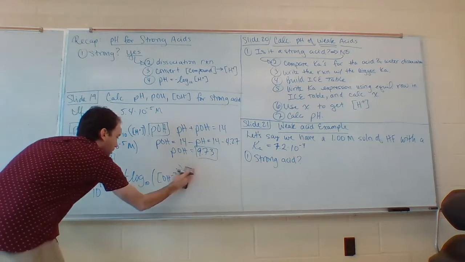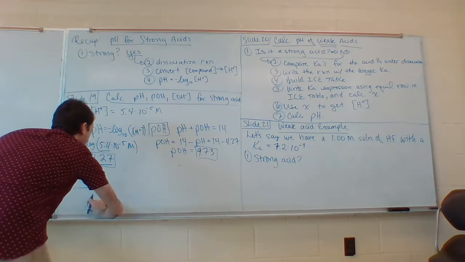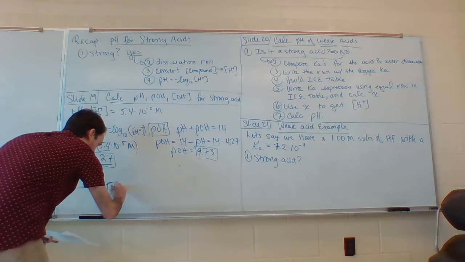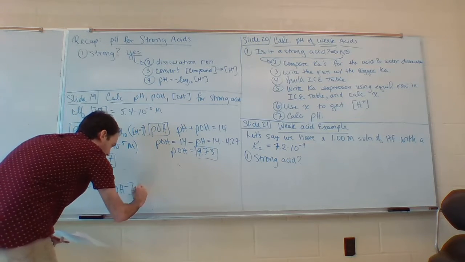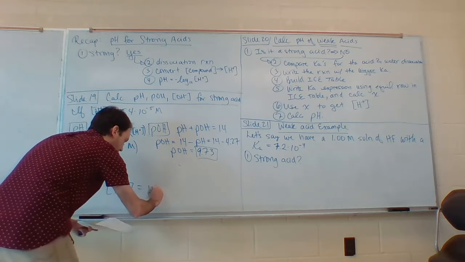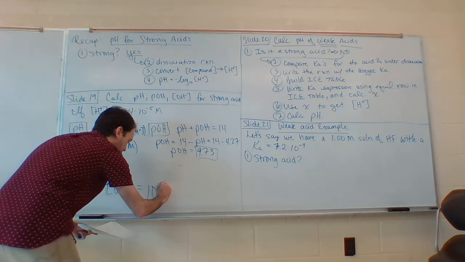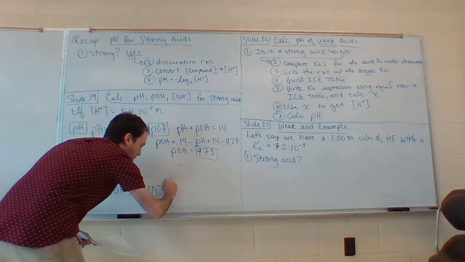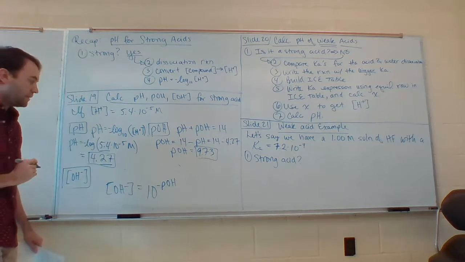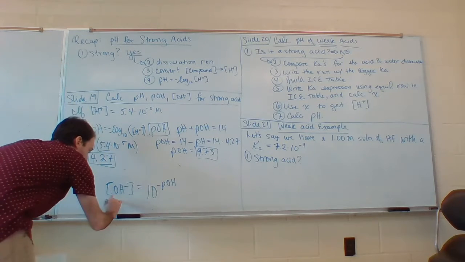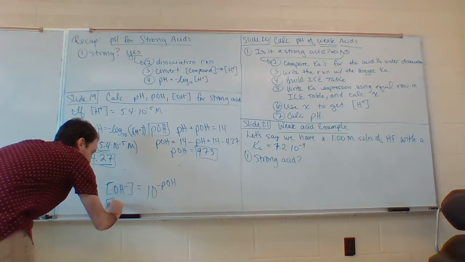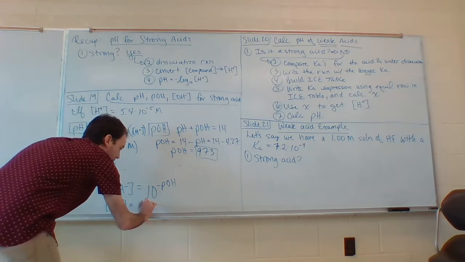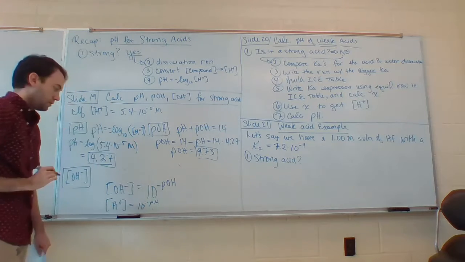That would mean that our concentration of OH minus is equal to 10 to the negative pOH. If I wanted the concentration of H+ and I only had the pH, it would be 10 to the negative pH.